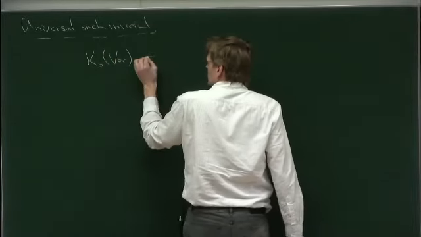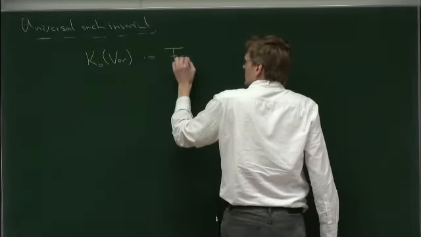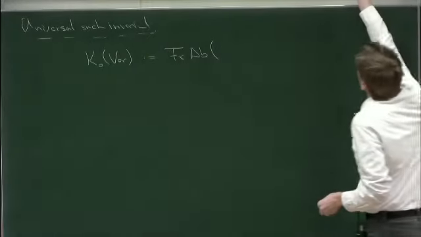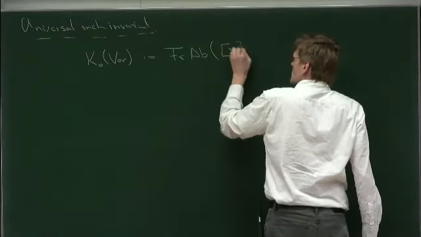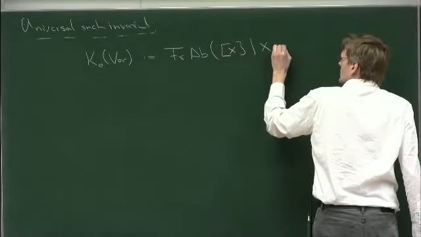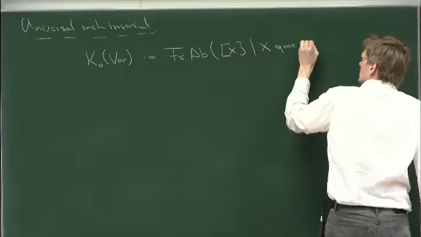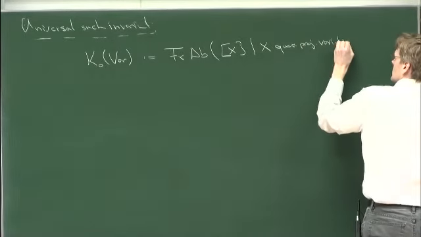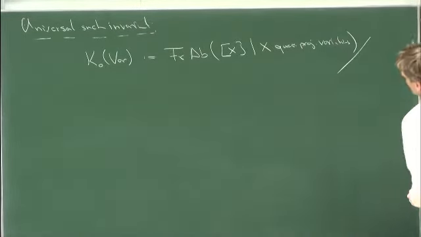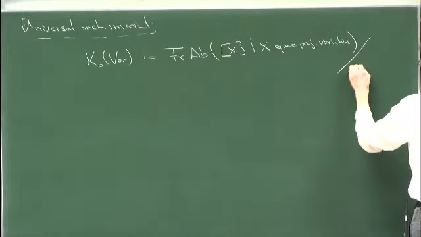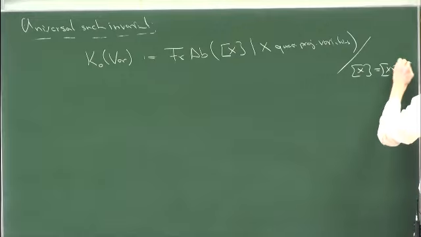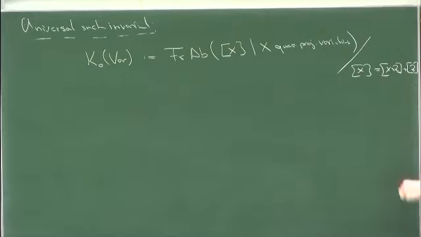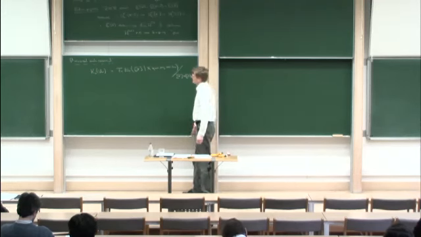So what is this? It is just the free abelian group generated by isomorphism classes of quasi-projective varieties. This is a huge ring, and then you impose one relation, namely the cut and paste relation. You say that the class of X should be the class of a closed subvariety plus the class of its complement.